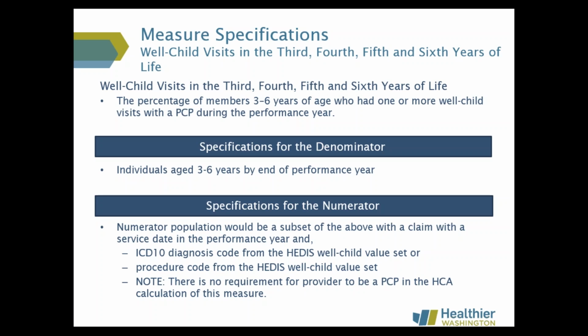And therefore, this is one of the measures that we are able to report to you based on the global criteria, and further the measure criteria as specified by the HEDIS. So we have the ability to look at the claims to identify individuals who qualify for the numerator.